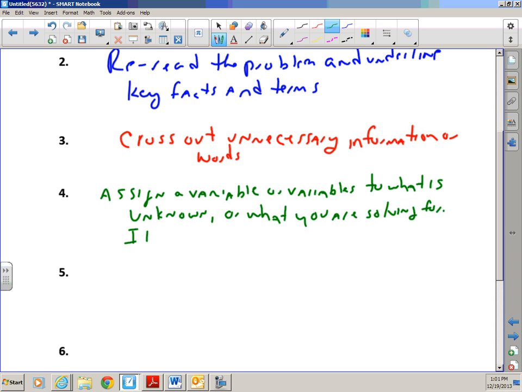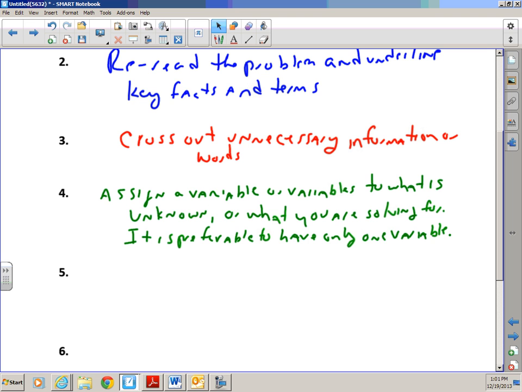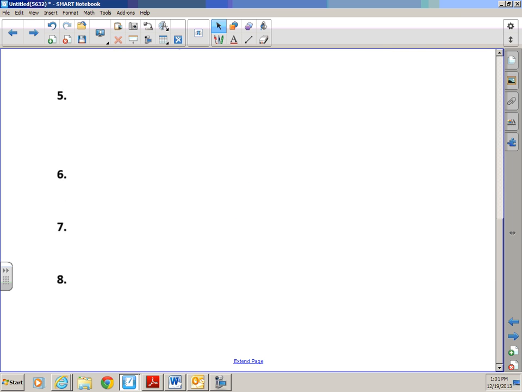It is preferable to have only one variable. You can normally or usually determine what the variable is associated with by the question you're being asked. How many miles were driven? How many people went on the trip? How many minutes did you use on your cell phone?